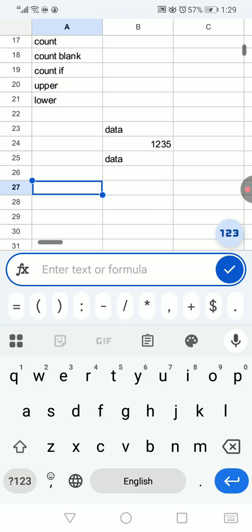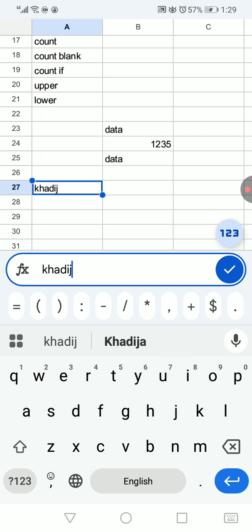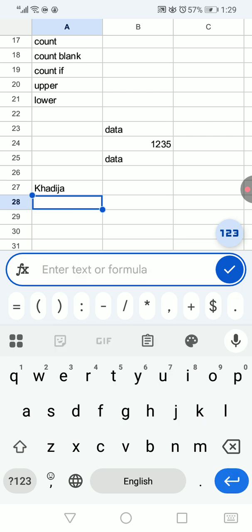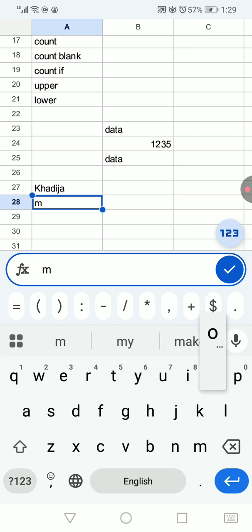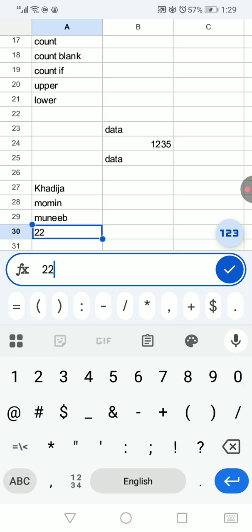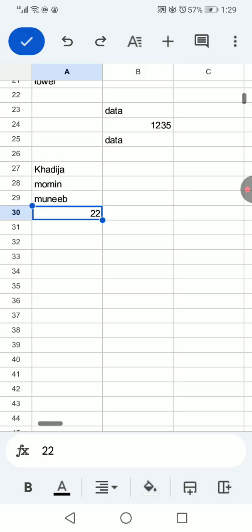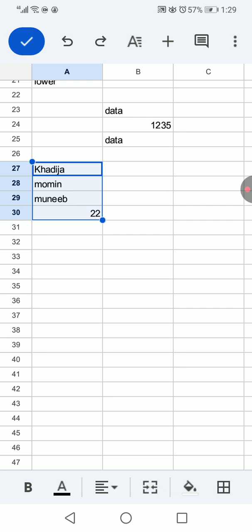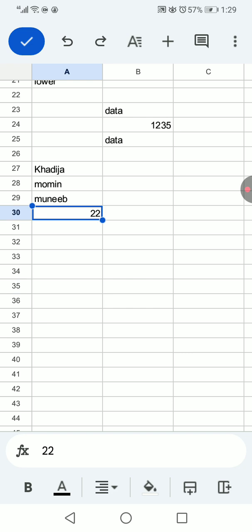Here we can write different types of data over here. So here you can see there are 4 cells. In 4 cells we have 3 cells containing alphabetical data and only 1 cell containing numerical data.